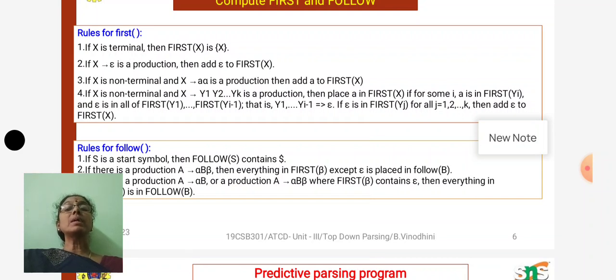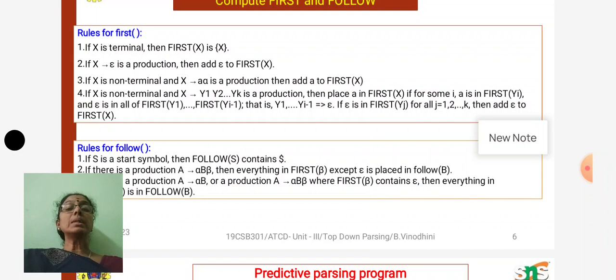The second rule: if there is a production A tends to alpha B beta, then everything in the first of beta should be present in the follow of B. If the first of beta contains epsilon, then instead of epsilon we place the follow of A into the follow of B. So this is the second rule.